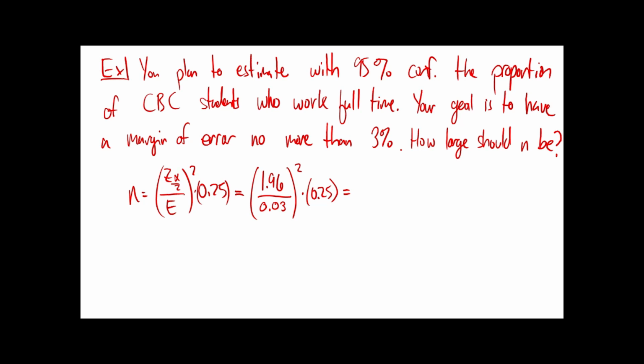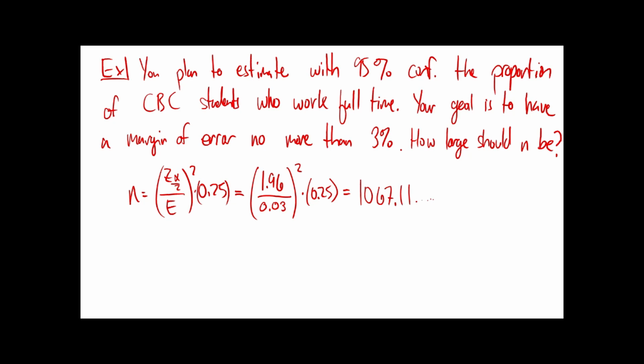I can check it too, but I'm guessing you probably would get 1067. And this is a decimal. You can't sample decimal people. So what do you think you should do for sample size? Which way do you think you should round?